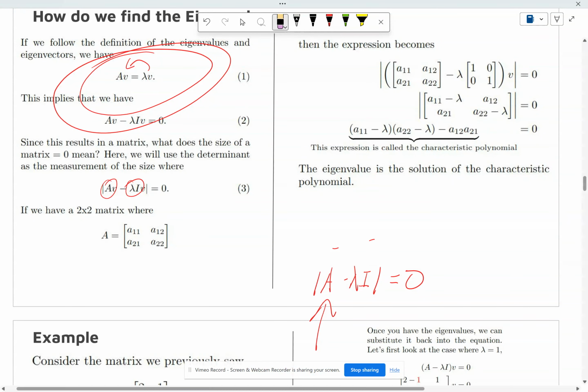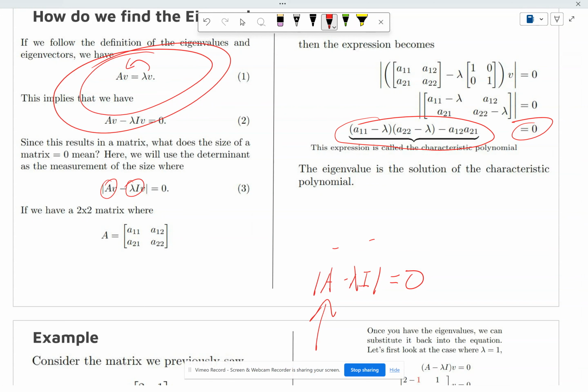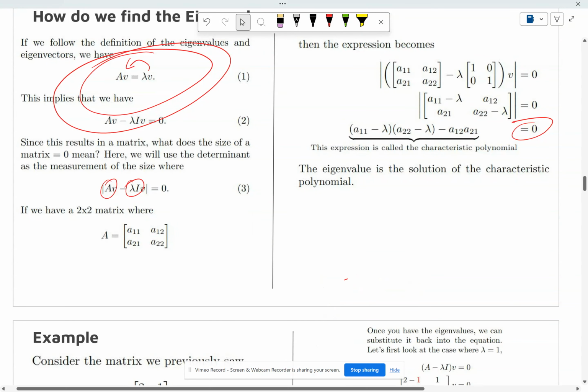Now we have an expression, and this expression is equal to 0. We now know how to solve this. This expression has a special name called the characteristic polynomial. The eigenvalues are the solutions to the characteristic polynomial, and in this case, the eigenvalues will be A11 and A22.